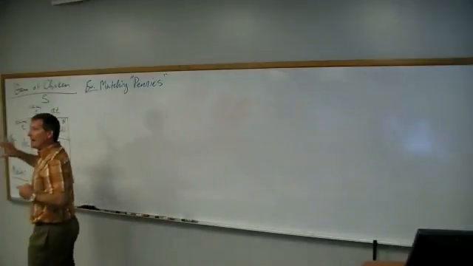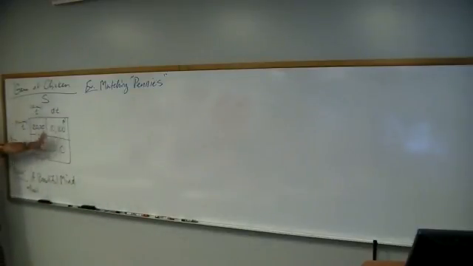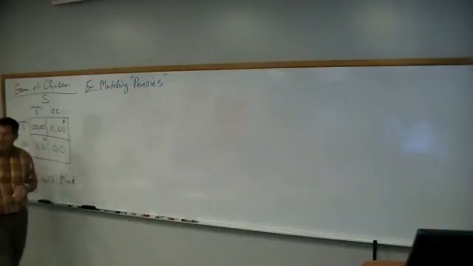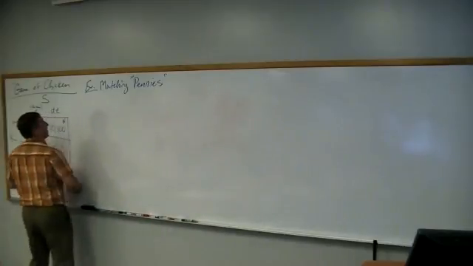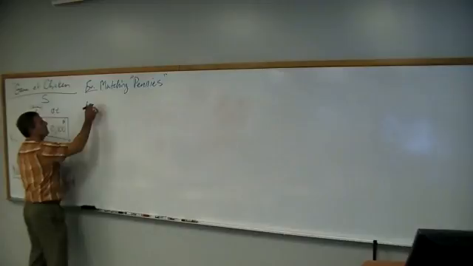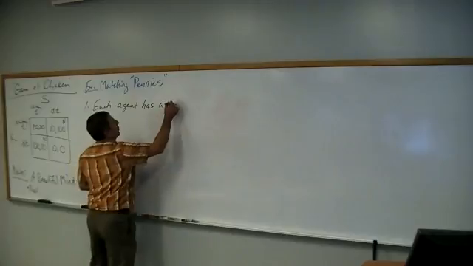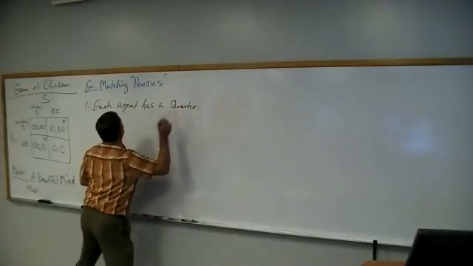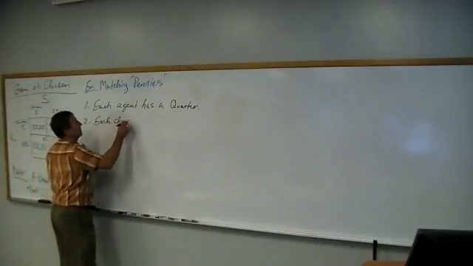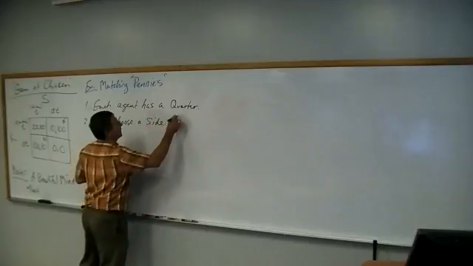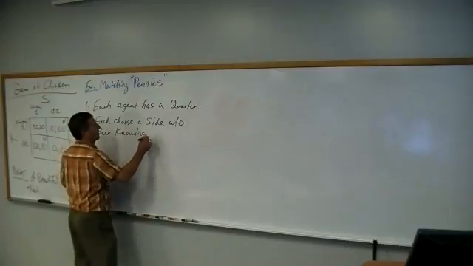So I want you guys now to put that into a game theory framework like this, okay? And you can use Ashley and Russ as the agents if you want. Let's write out all the directions here. 1, each player, each agent has a quarter. 2, each chooses a side without the other knowing their choice.